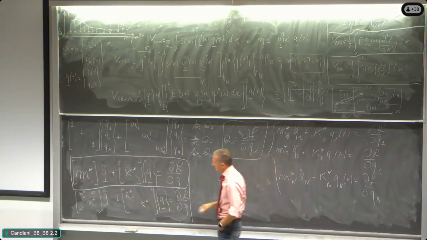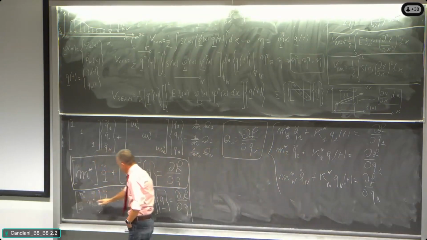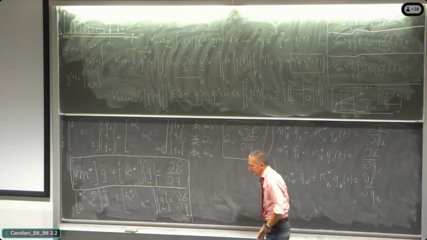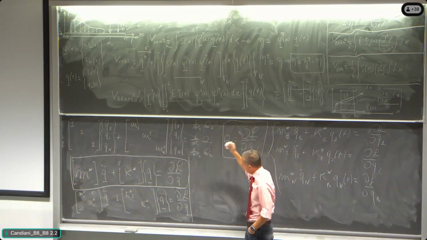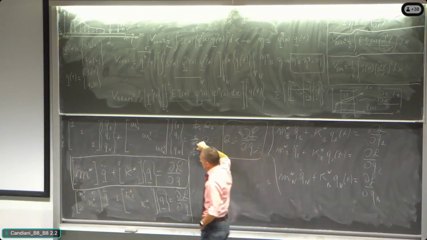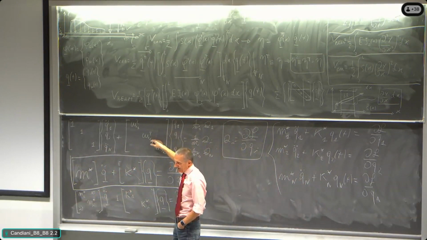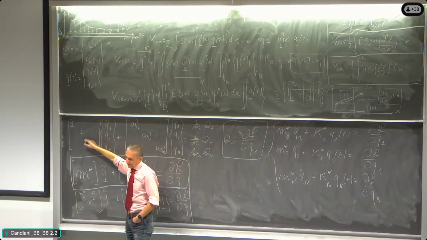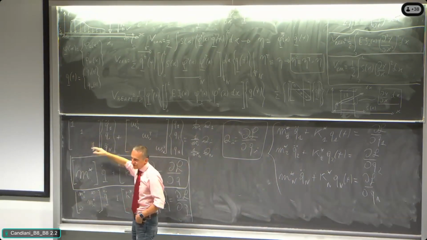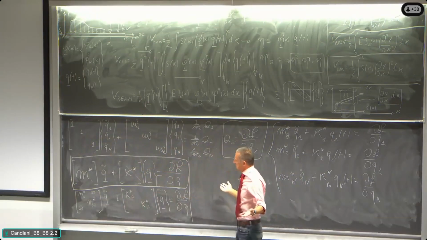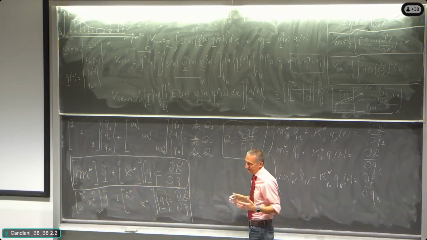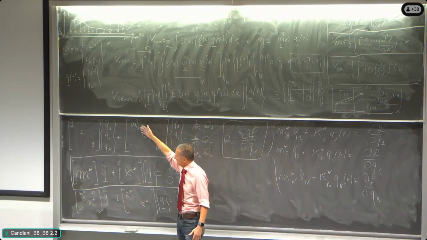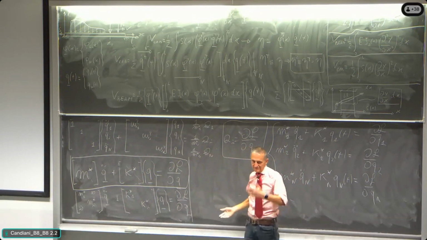I have the ith row, I divide the ith row by m star i. And so I get m star i at the right side of the equation, 1 divided by m star i. K star i divided by m star i is omega 0 i squared. M star i divided by m star i is 1. And so the left side of the problem, we can write without making any calculation, just with the free motion. The free motion is giving us the natural frequencies, and we write the left side of the problem.